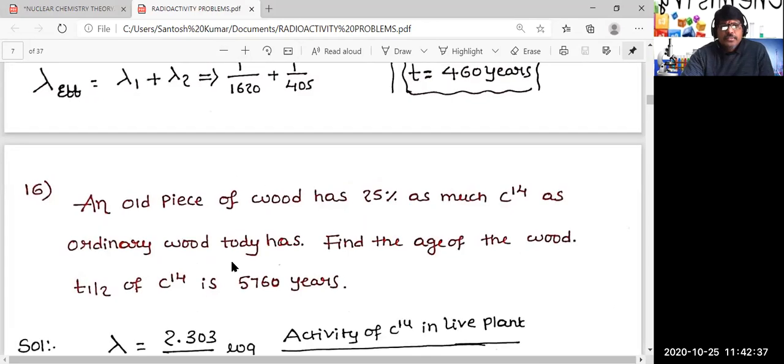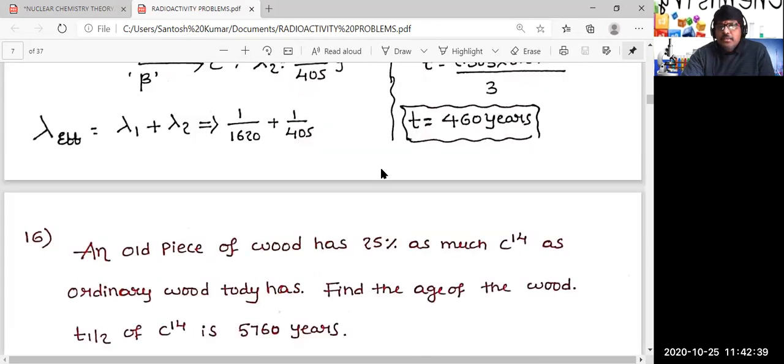In this, the data is given like this. An old piece of wood has 25% as much C14 as ordinary wood today has. Old piece of wood, for example, at your home you may have any wooden article.